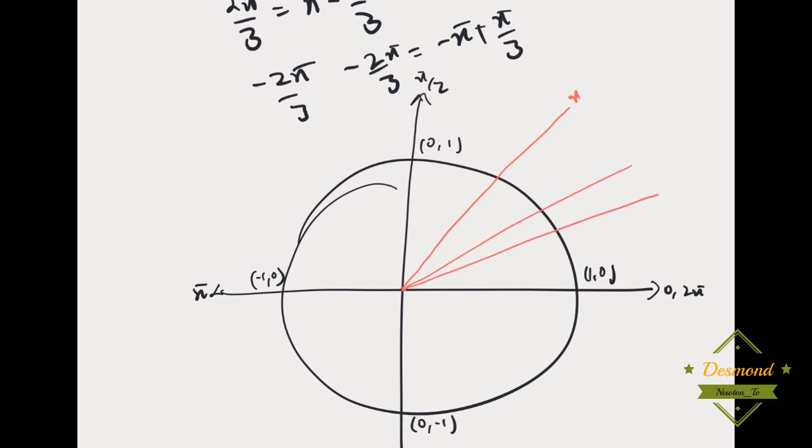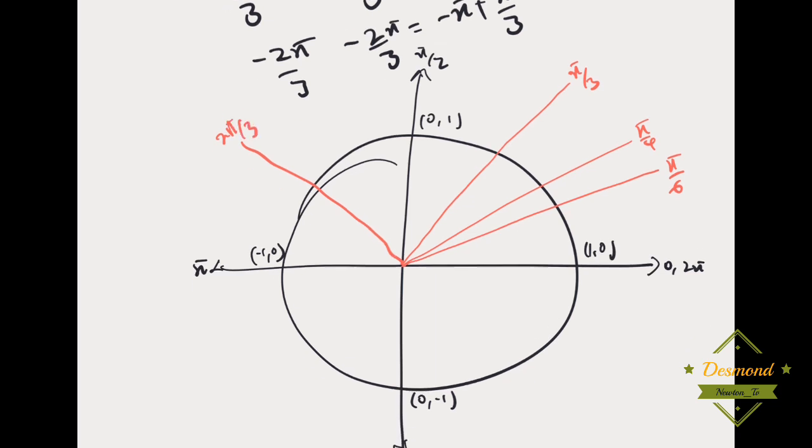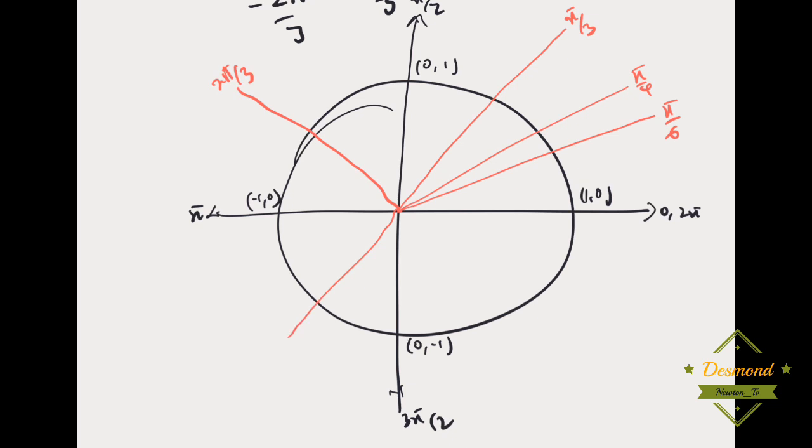So here we have π/3, π/4, then π/6. Then in our second quadrant we have 2π/3. Then in our fourth quadrant we will have -2π/3.